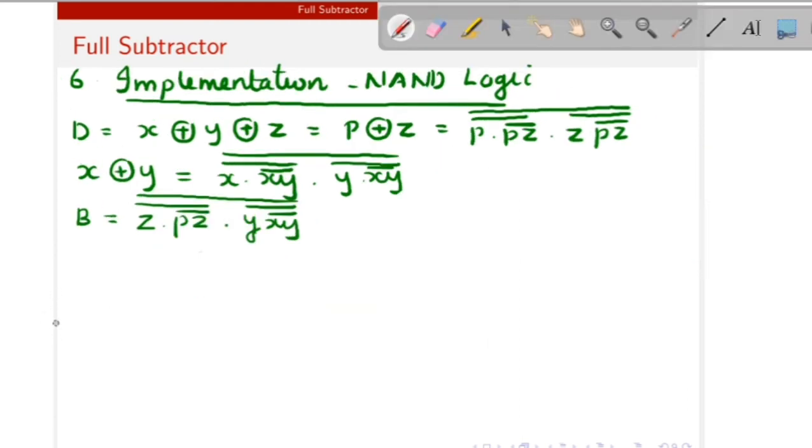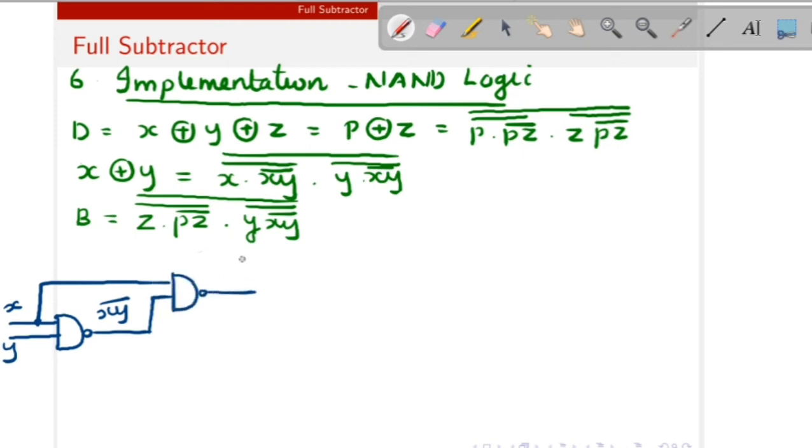Next we can implement this full subtractor using NAND gate. So here we have a NAND gate with two inputs X and Y. So here we have the output XY bar. Then take this X input NANDed with XY bar. So we get X into (XY bar) whole bar.